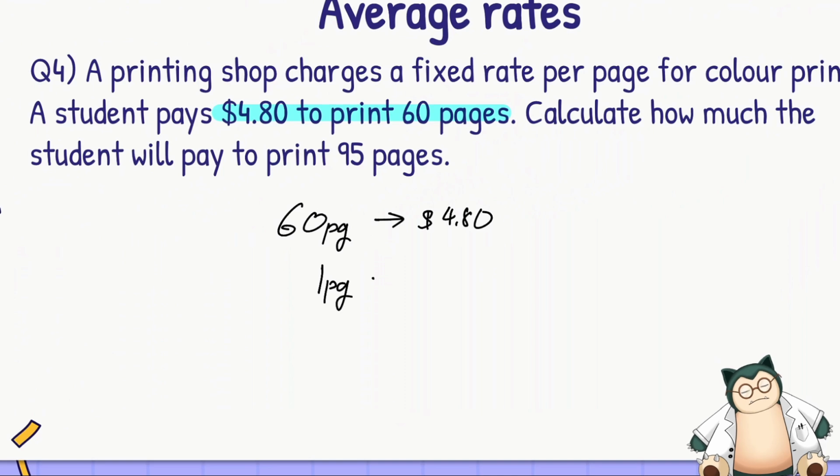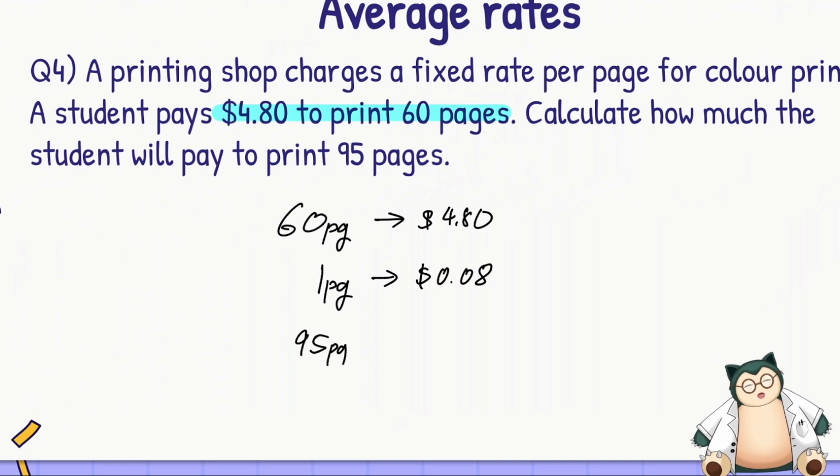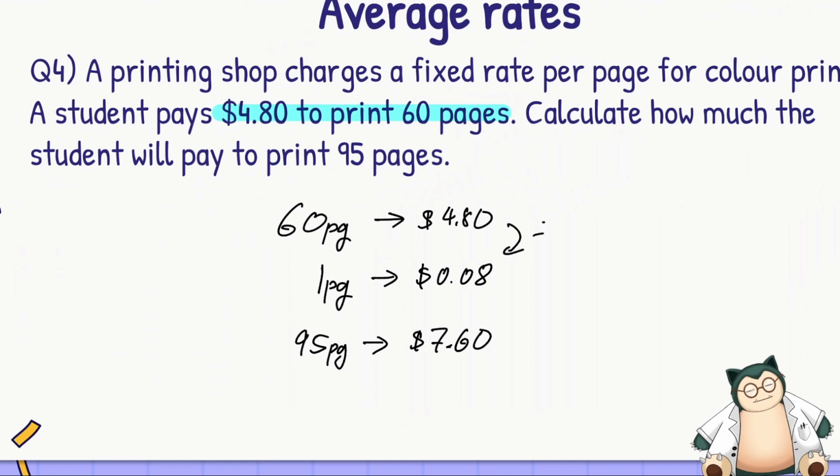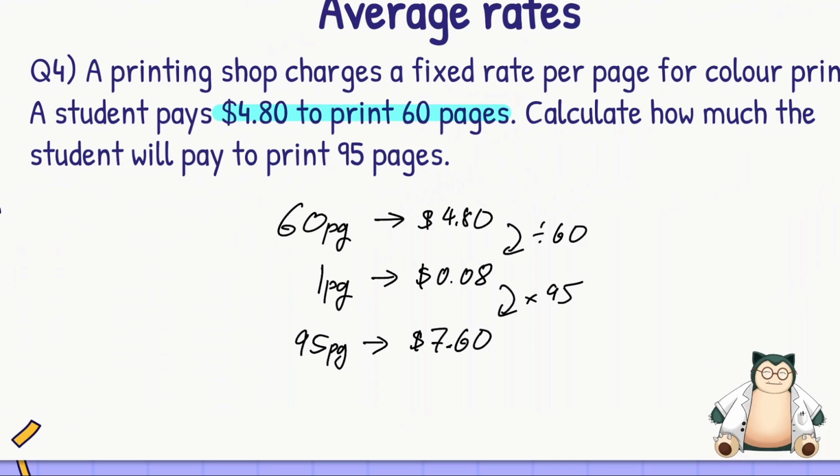How much does one page cost? You take $4.80 divided by 60, you get 0.08, just 8 cents, and for 95 pages you multiply by 95, which gives us $7.60. Divide by 60, then multiply by 95. So the answer is $7.60.